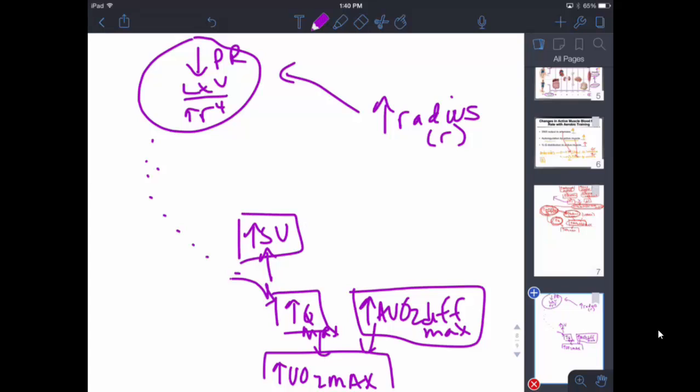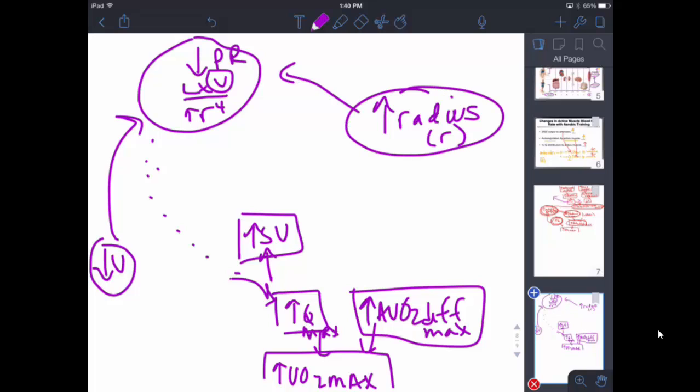Okay. So is it preload, afterload, or contractility? Okay. So if you go back on one of the previous recordings, I made the connection between a reduction in peripheral resistance and an increase in stroke volume, because remember that we already talked about viscosity, and we get a decrease in viscosity with training due to an increase in plasma. So we got two different things working towards a lower peripheral resistance with training.